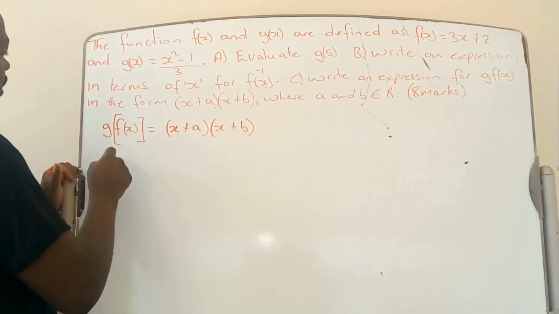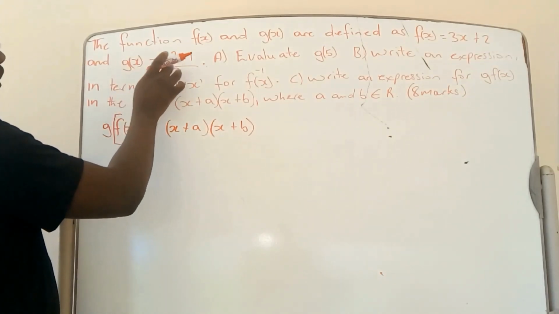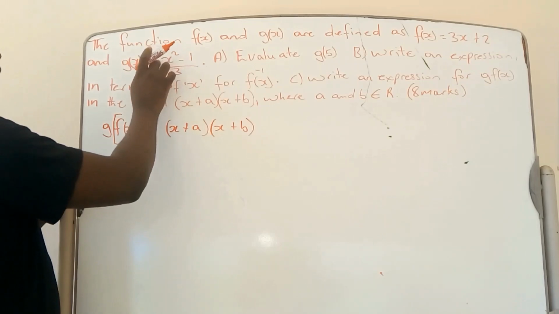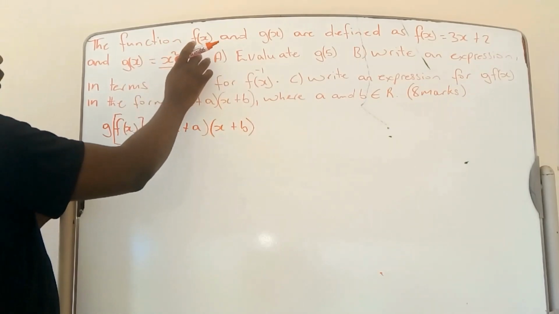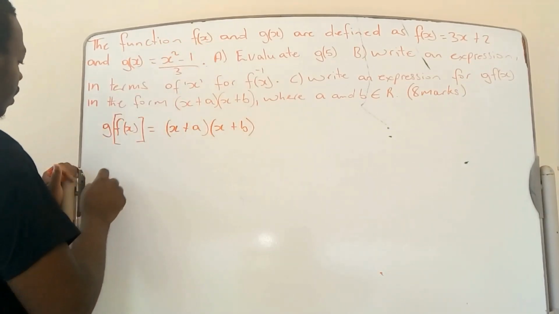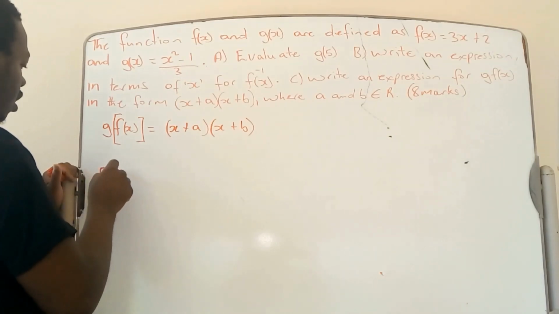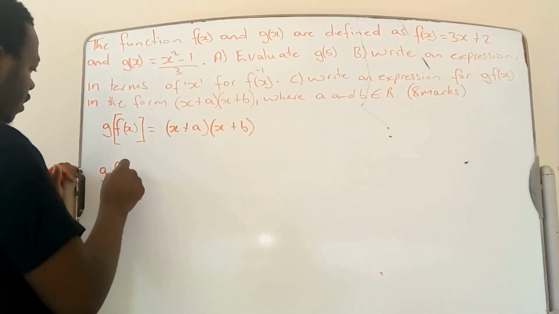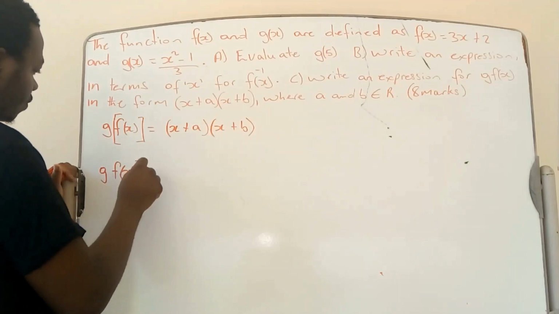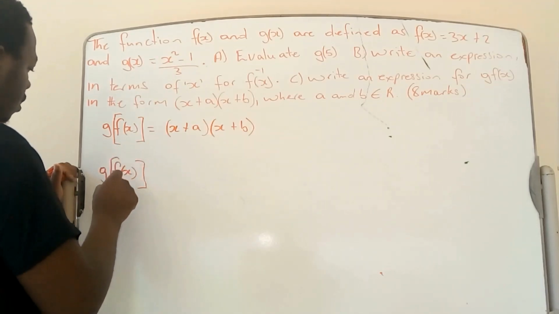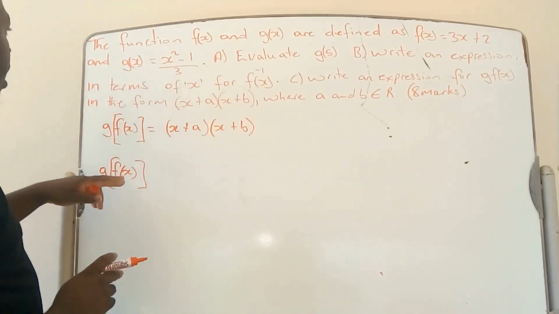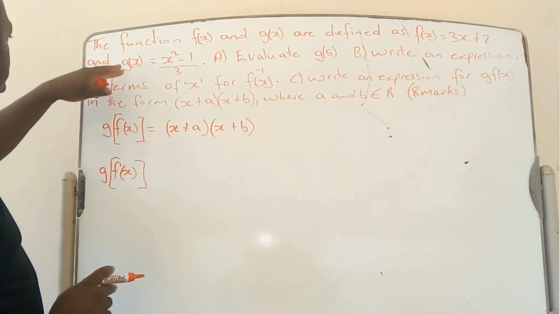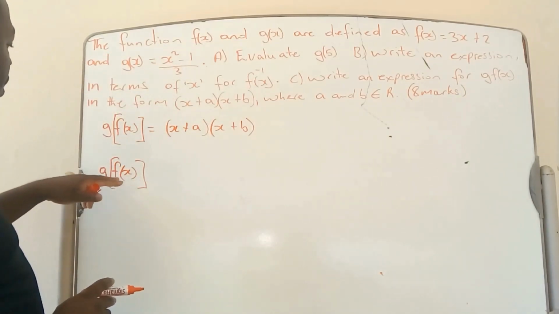What is g of x? g of x is this function here, which is x squared minus 1 all over 3. So we know that g of f of x, anywhere we see x in the function g of x, we replace it with f of x.